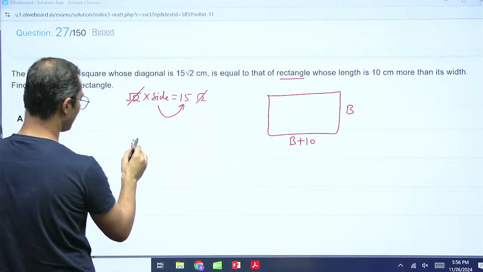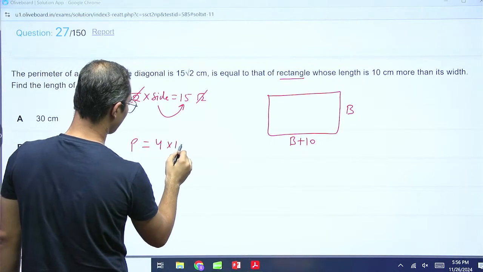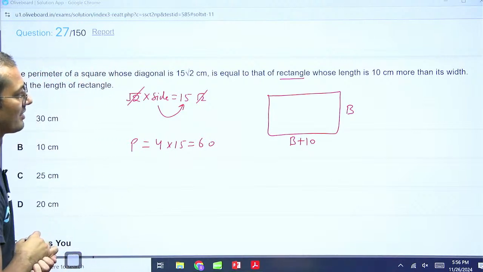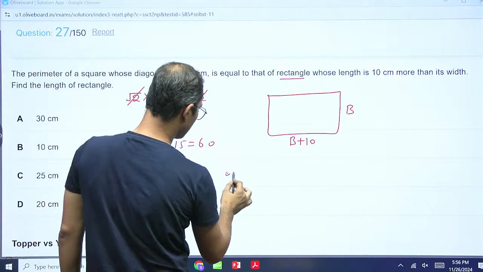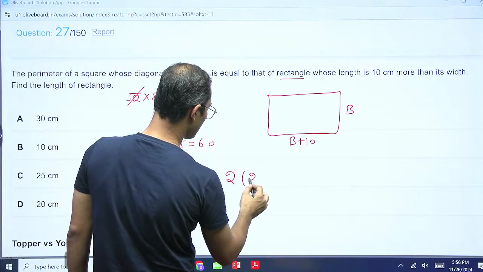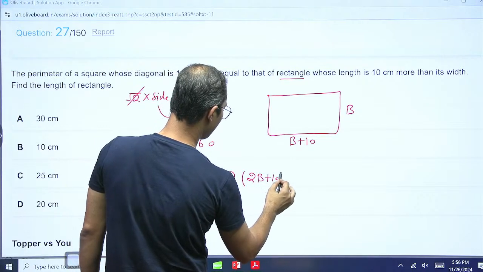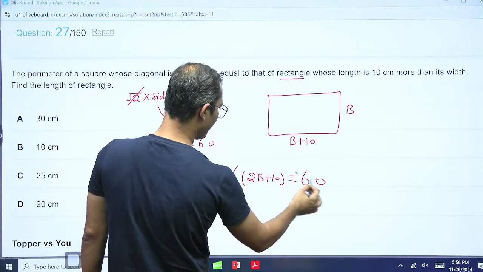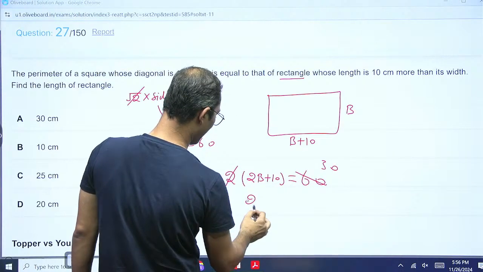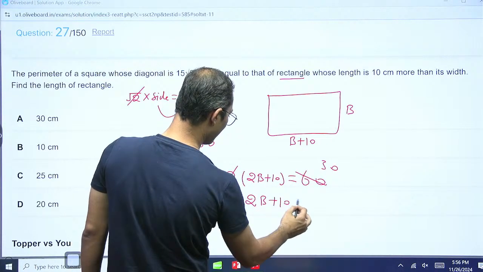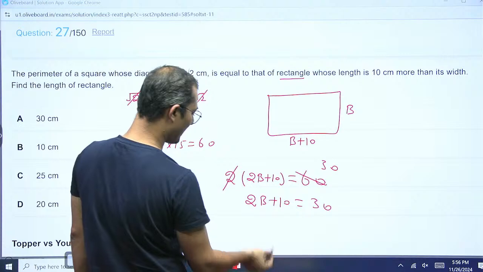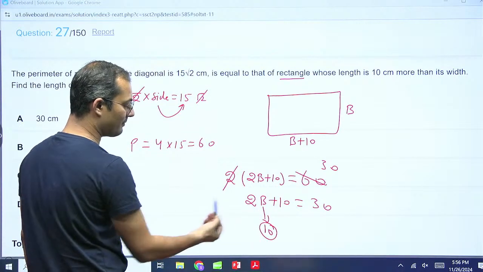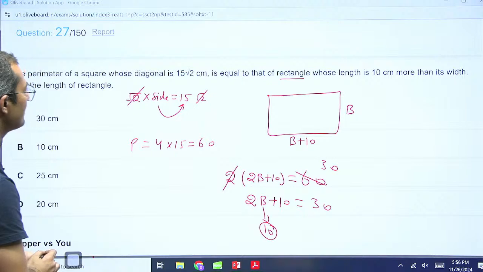The perimeter of the square is going to be 4 into side 15, that is 60, is equal to that of the rectangle, so we can say that twice of (b plus b plus 10) is going to be equal to 60, right? So 2b must be equal to 30 after solving this, we will get b is equal to 10, right? So b is equal to 10.